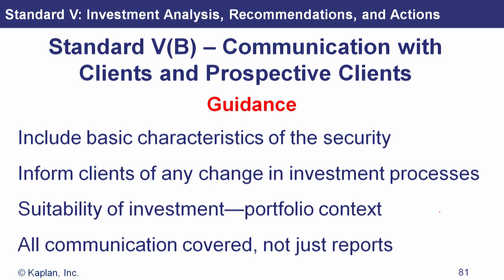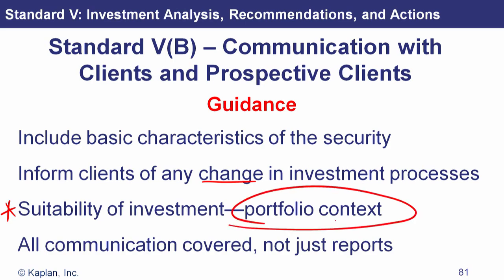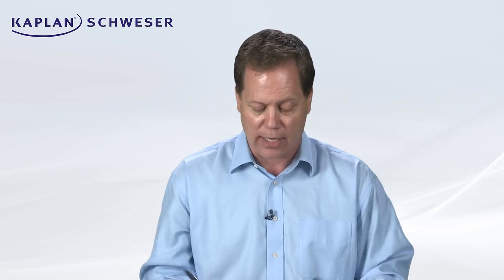We want to inform the clients of any change in the investment process. The suitability of the investment, of course, this was one of my 3 pillars. Okay, we've got to directly consider suitability, and remember, suitability is assessed in a portfolio context. It's not the risk-return parameters of the individual asset. Rather, it's the contribution of the individual asset to the portfolio's risk and return that we've got to look at.